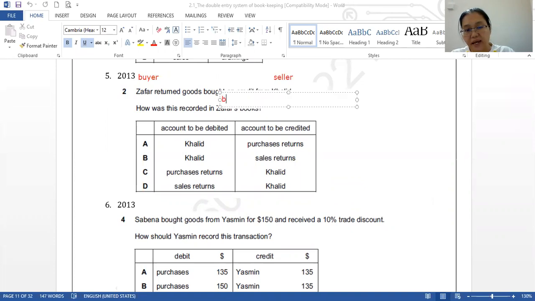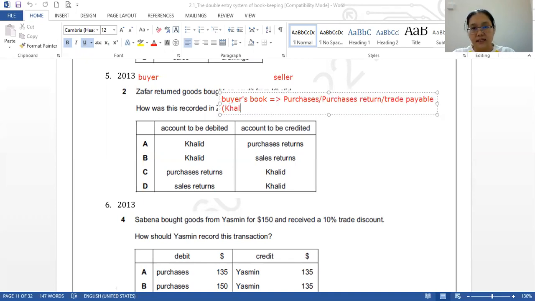So this is the buyer's book. This is purchases return and trade payable. So this trade payable refers to Khalid.